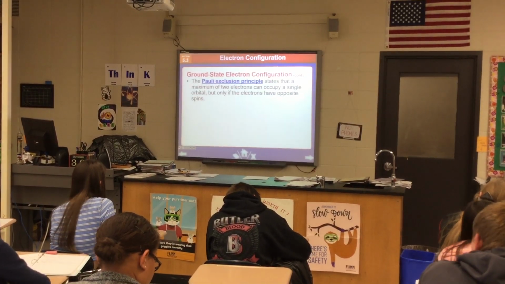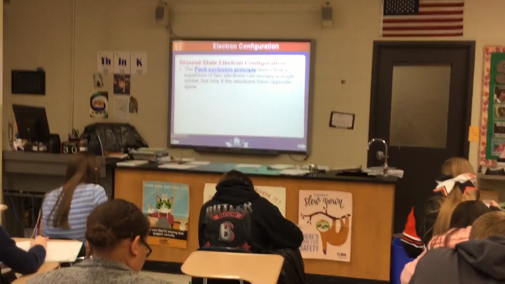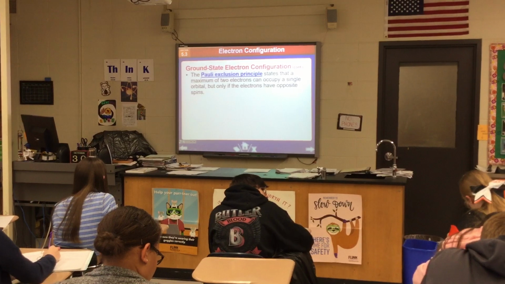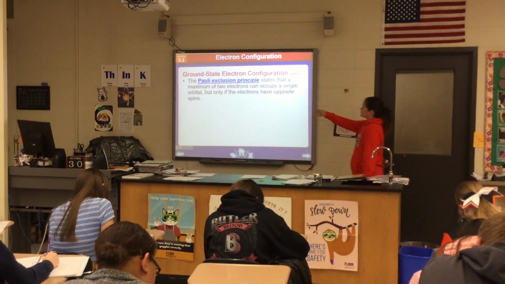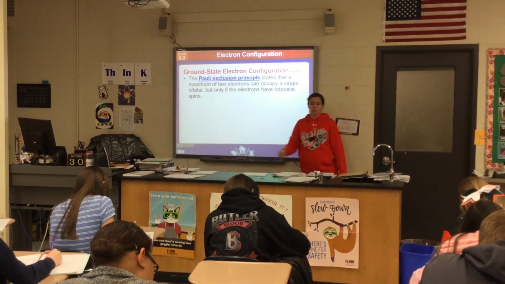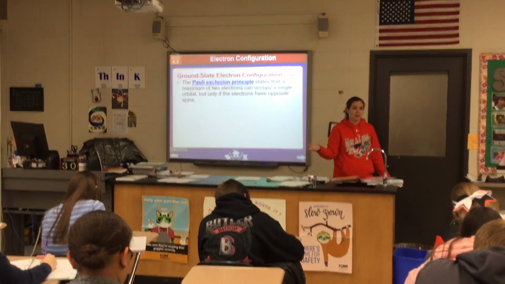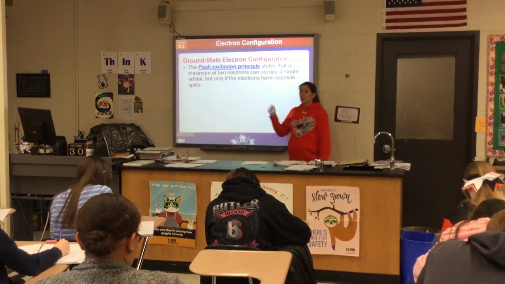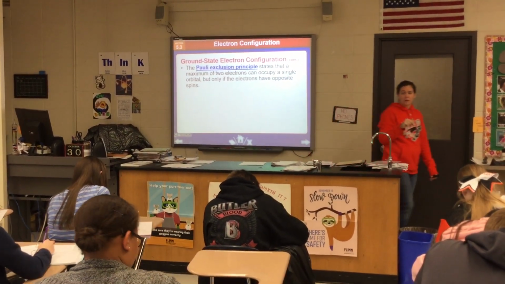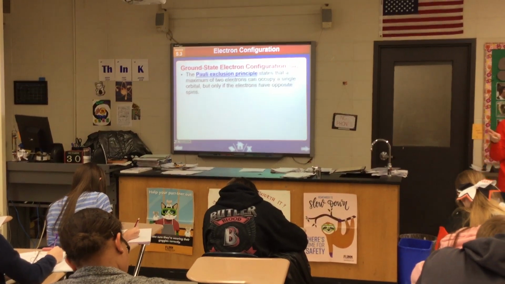So moving on to our second rule, Pauli exclusion principle, which half of this is old information. It says 2 electrons can occupy a single orbital. We already know that. The only thing new that Pauli says is that if the 2 electrons are in the same orbital, they have to have 2 opposite spins.